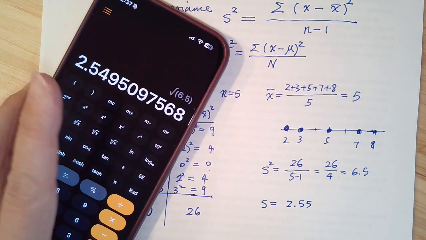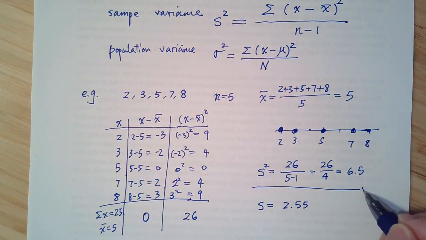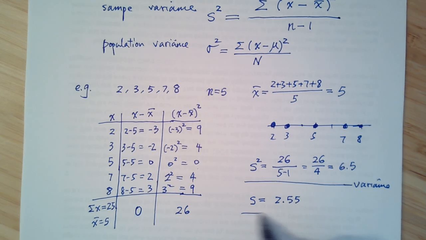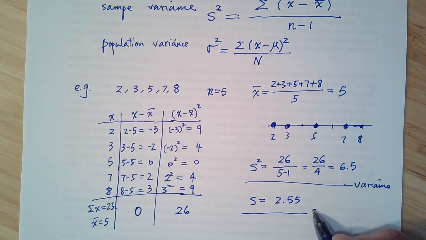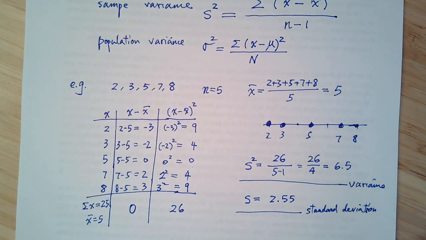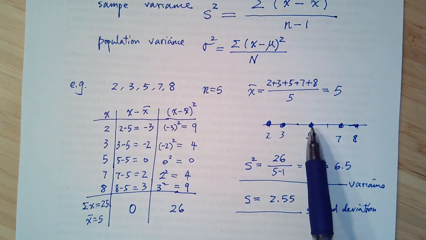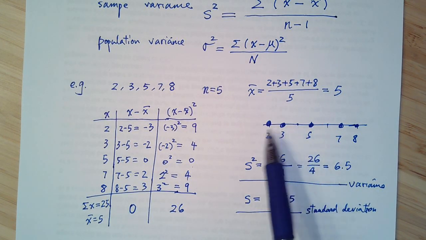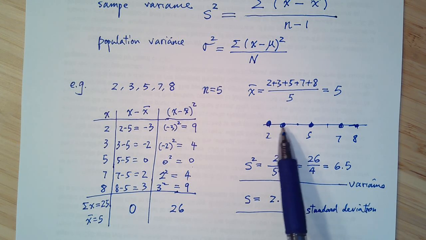Well, this is the sample variance, and this is the sample standard deviation. You can see 2.55. That's in a certain way to show the average distance of each point away from the mean.